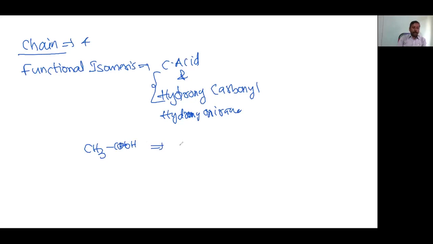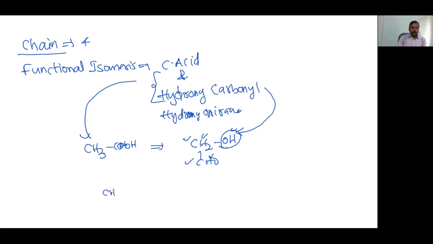This can be written as CH2OH and CHO. See here, both have two carbon atoms and both have four hydrogen atoms and two oxygen. This is carboxylic acid, this is hydroxycarbonyl. This is hydroxy, this is carbonyl compound.